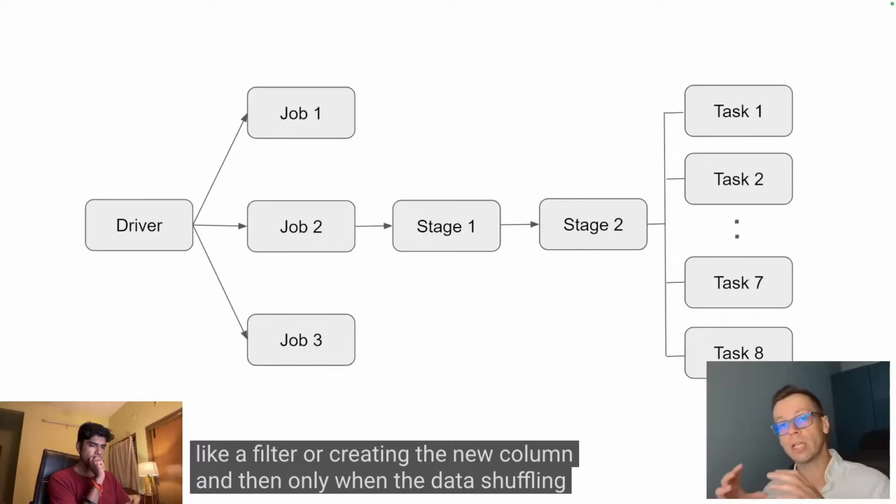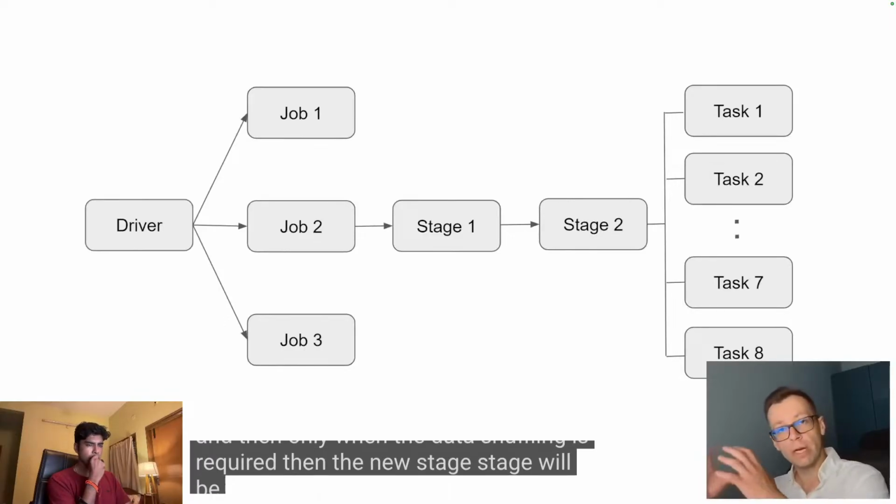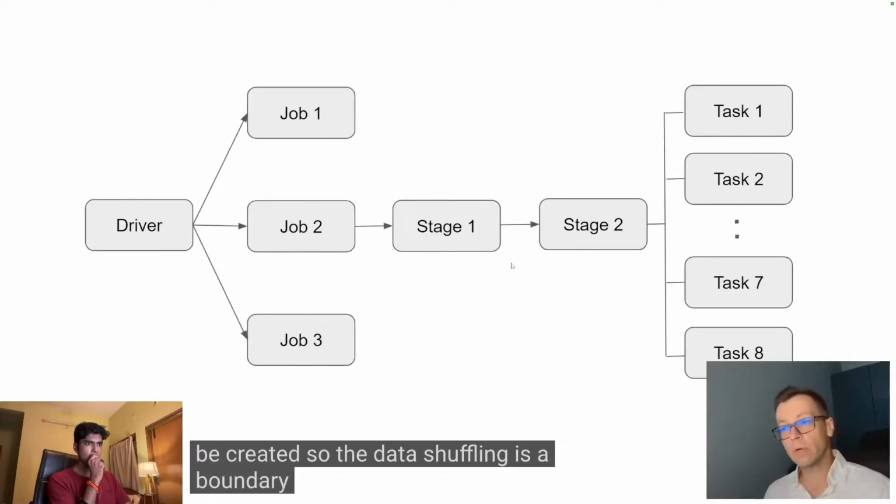And then only when data shuffling is required, a new stage will be created. So data shuffling is the boundary between stages.